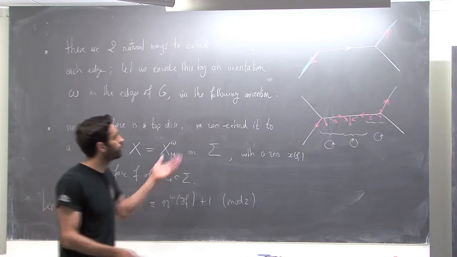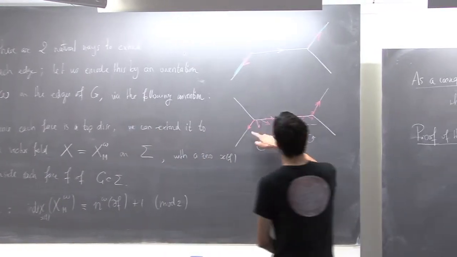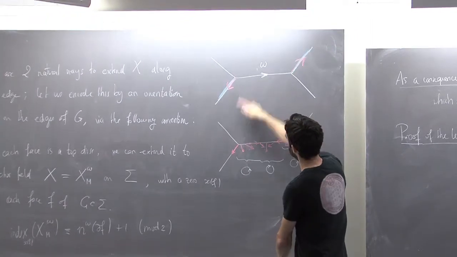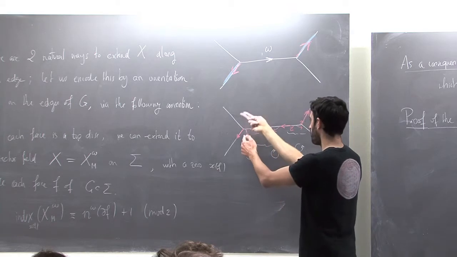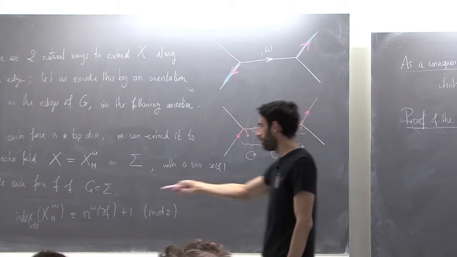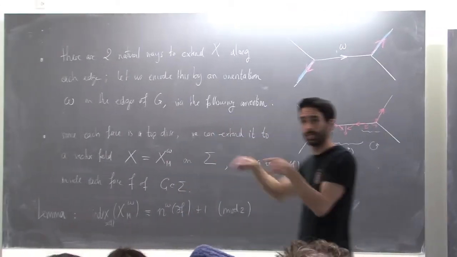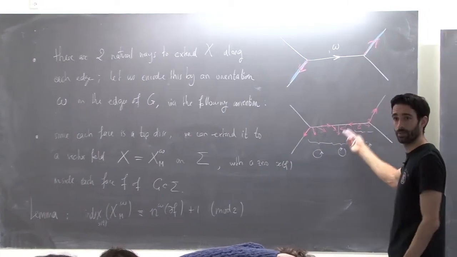So here you just have to notice that if you change this omega, then when you count the winding number that defines your index, it changes by plus or minus 1.